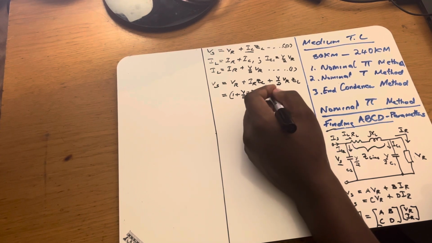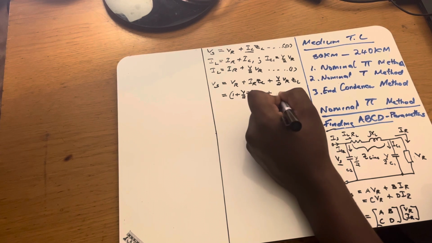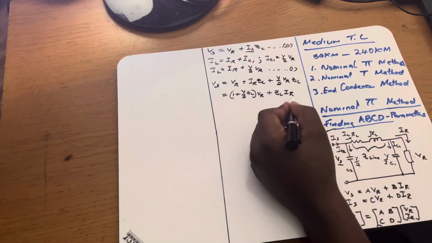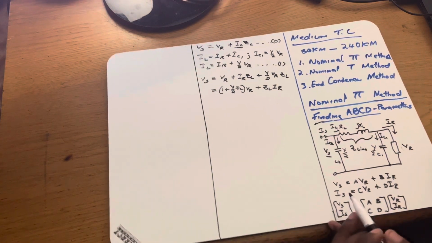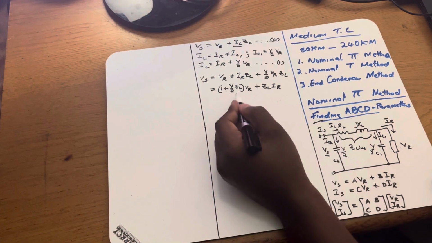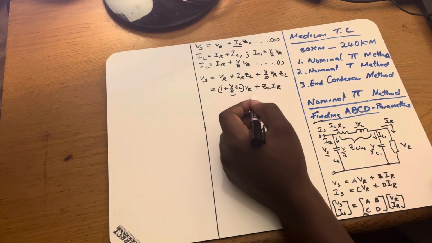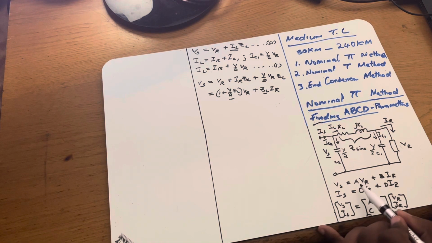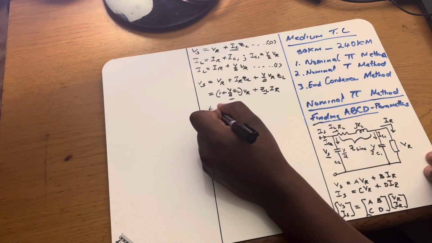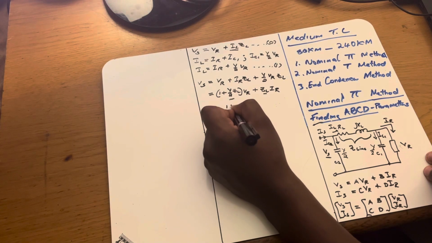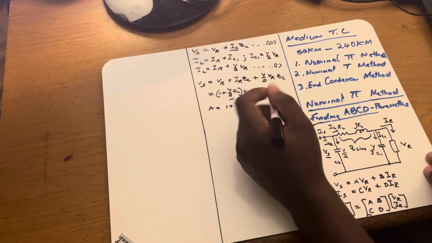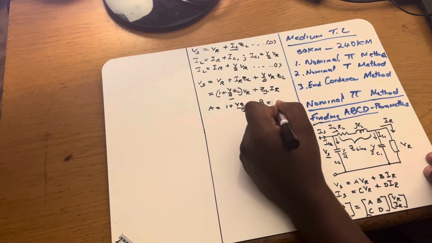Then we are left with plus ZL times IR. If you look at this equation now, it resembles this equation. We have this point here, which is the coefficient of VR, and this point here, which is the coefficient of IR. So we found A, which equals 1 plus Y ZL divided by 2, and we also find B. So B is equal to ZL.